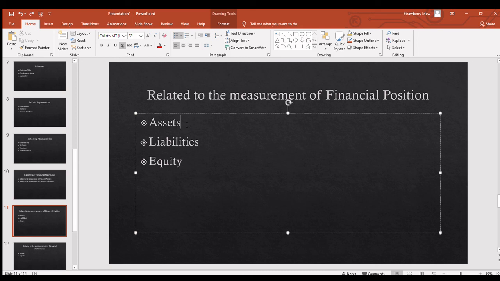Pwedeng manggaling sa mga owners or pwedeng manggaling sa mga creditors or pwedeng inutang lang natin, right? So, yung mga assets na nanggaling sa mga creditors or utang, these are represented by the liabilities. While yung mga assets naman na nanggaling sa mga owners, these are represented by the equity. Okay?